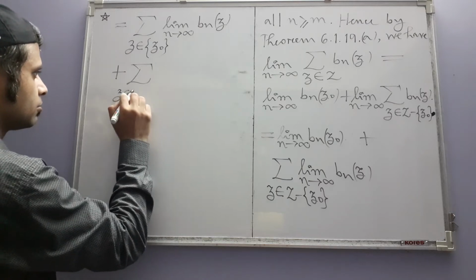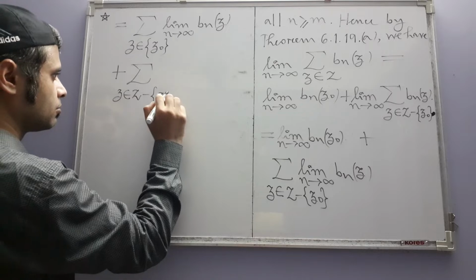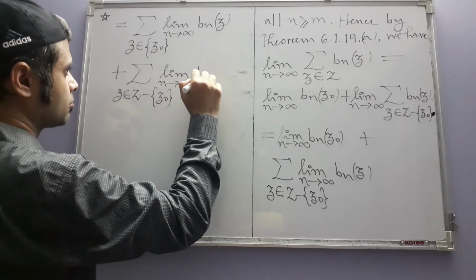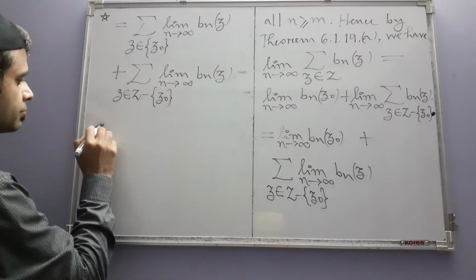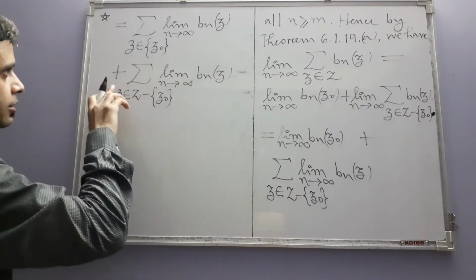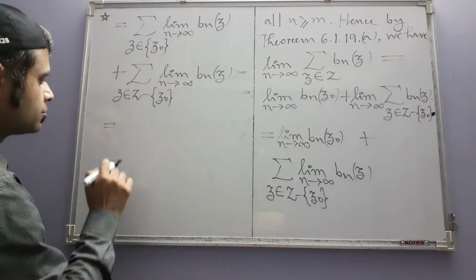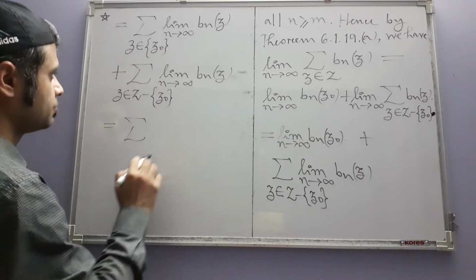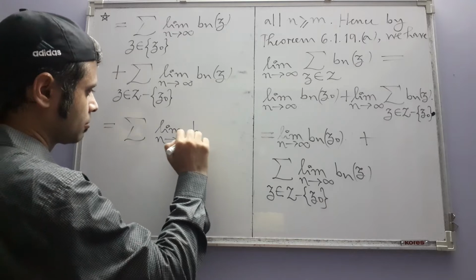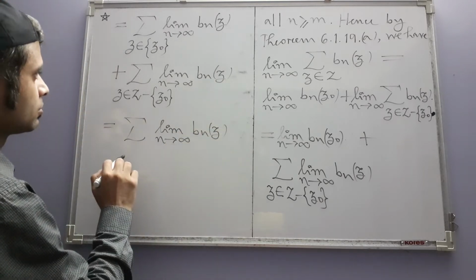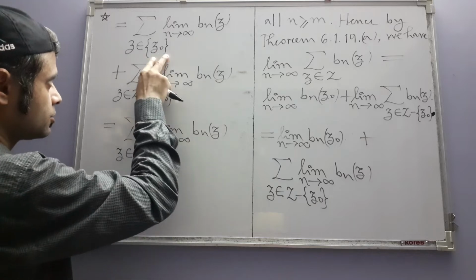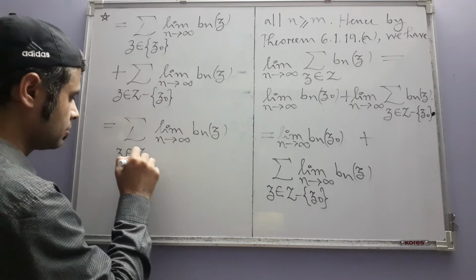Summation, so we can again apply that proposition 7.1.11e in the other direction and write in place of this sum of two sums, this single sum, over z that belongs to the union of these two sets, this singleton set and its complement in Z, which is Z.